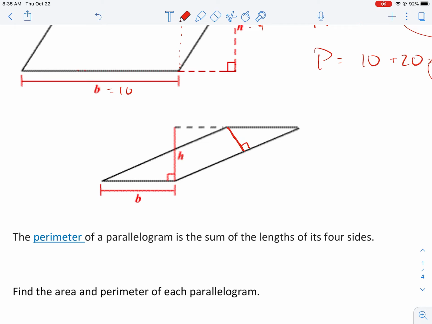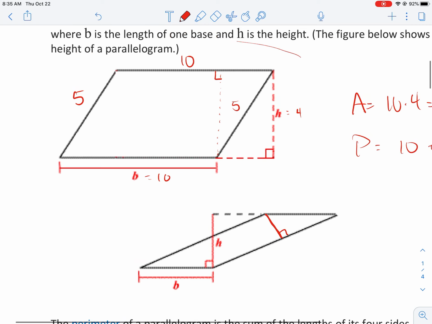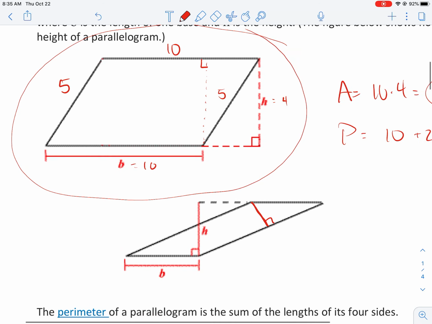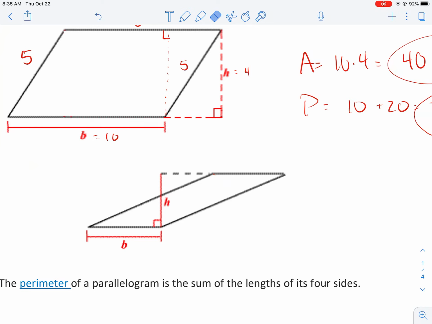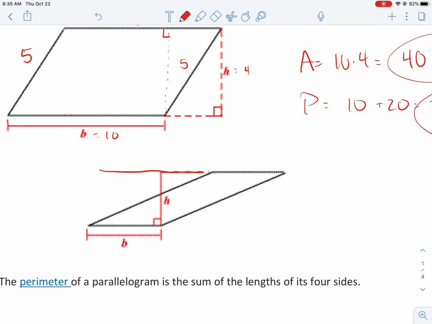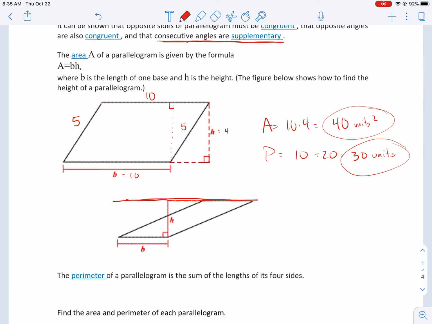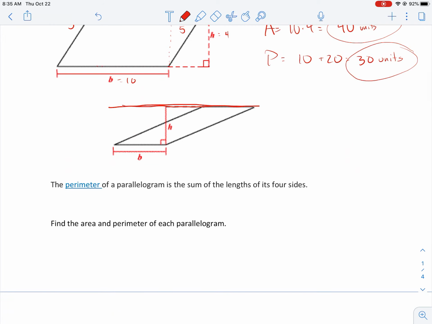Typically, they look a lot like this. This is what we usually see them represented as, but sometimes they might have them like this. So just be aware that our height is that perpendicular line created from the vertex down to our base. In this case, the baseline extended. And the perimeter of a parallelogram is the sum of the lengths of its four sides.